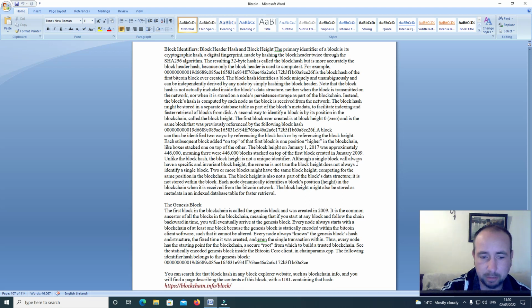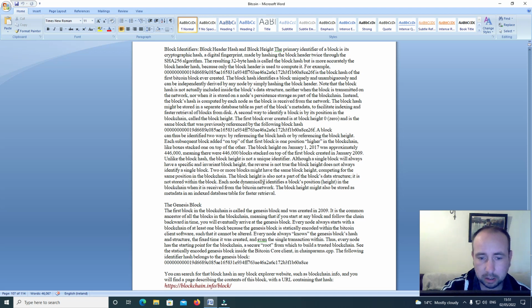Although a single block will always have a specific and invariant block height, the reverse is not true. The block height does not always identify a single block. Two or more blocks might have the same block height, competing for the same position in the blockchain.